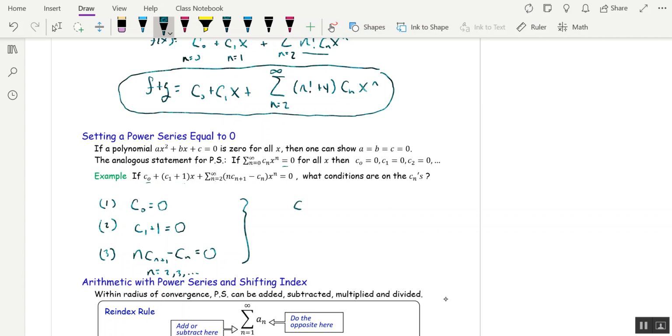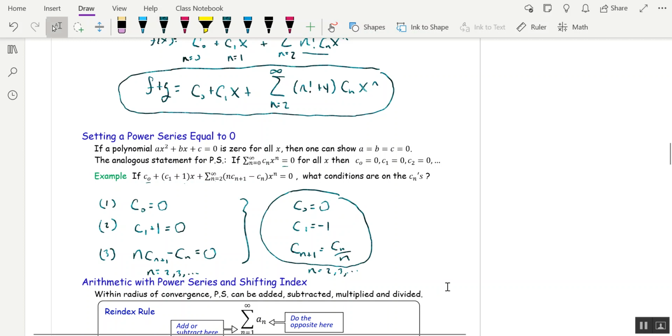Let's clean these up. The first one doesn't need much cleaning. The second one is c1 is -1. And the third one, typically we'll want to solve for the higher index, cn plus 1 is cn over n for n equal 2, 3, ... And these are called the recurrence relations. And we'll talk about those again when we start solving differential equations.